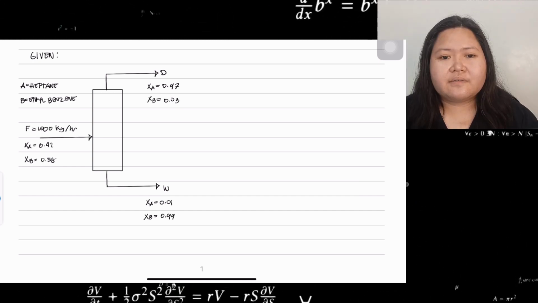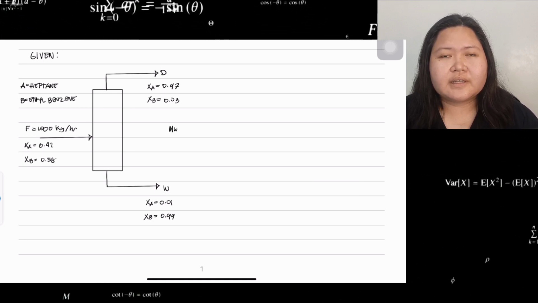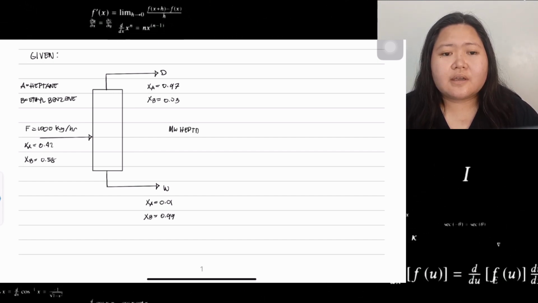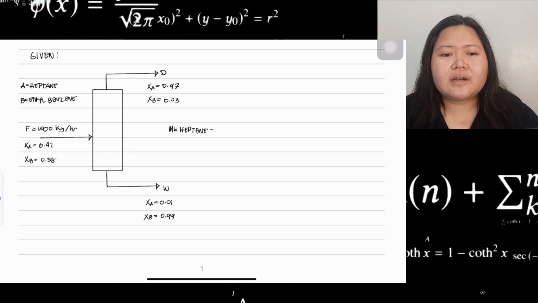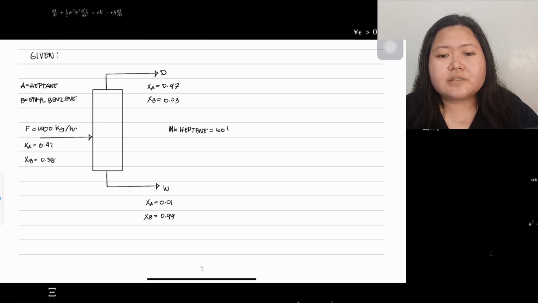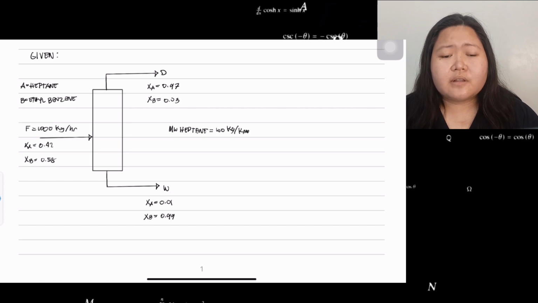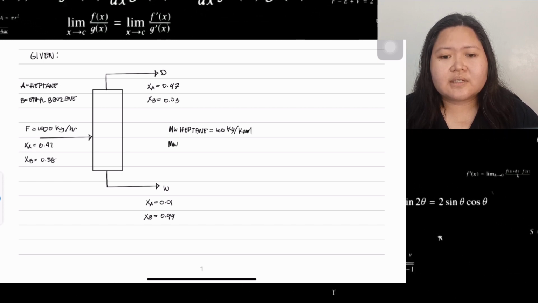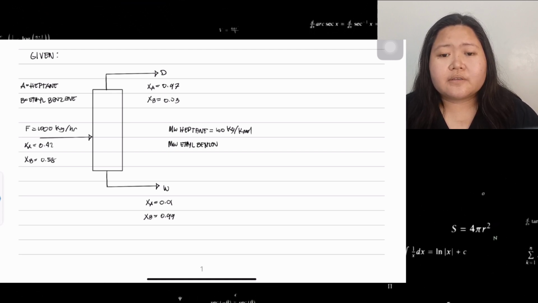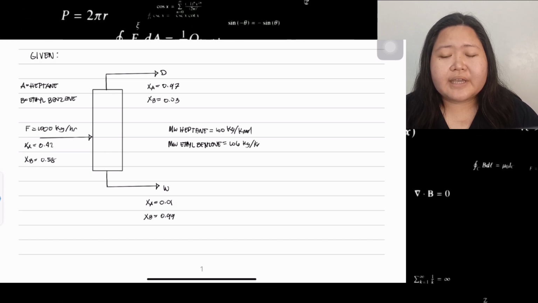Next, we need to find the average molecular weight of the two components so that we can convert the feed, which is kilogram per hour, to kmol per hour. The formula of average molecular weight is equal to the summation of molecular weight multiplied by its mole fraction. The molecular weight of heptane is 100 kg per kmol and the molecular weight for ethyl benzene is 106 kg per kmol.